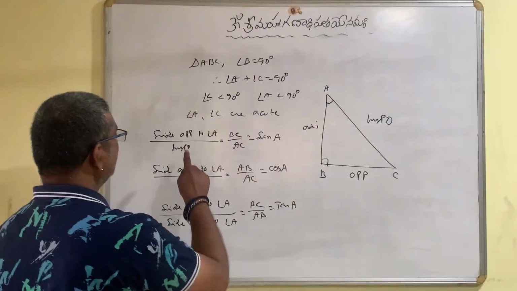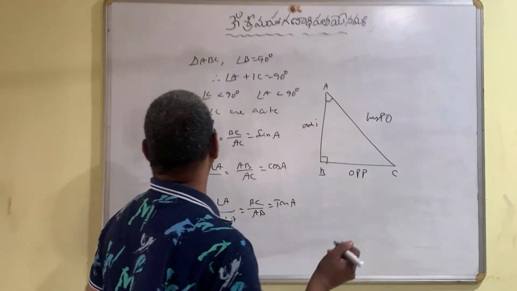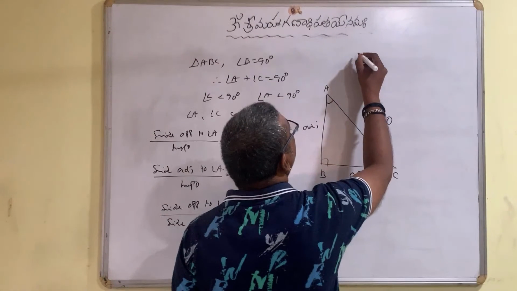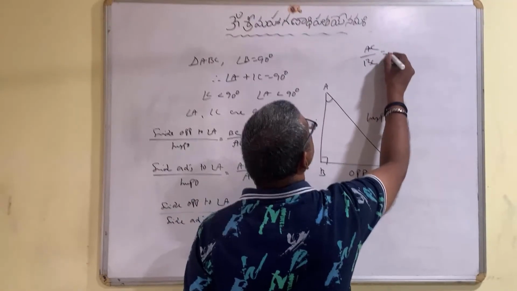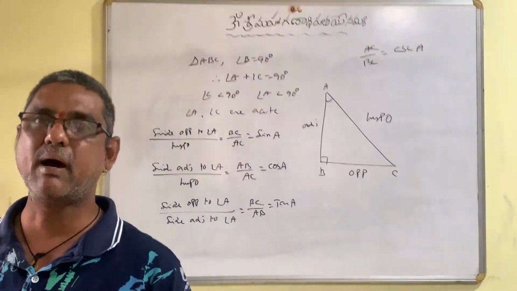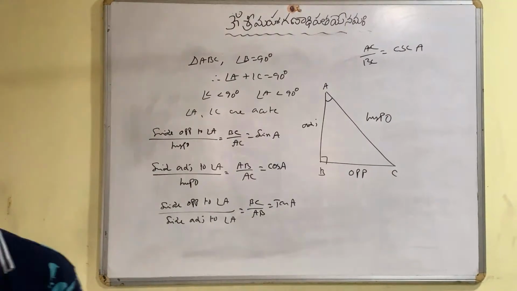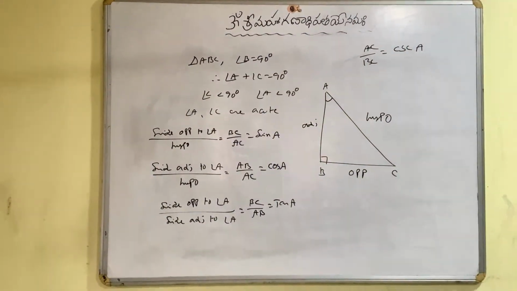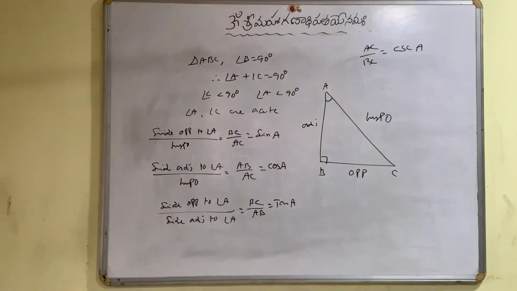That is what? Hypotenuse by side opposite to angle A, AC by BC, which is known as cosecant A.